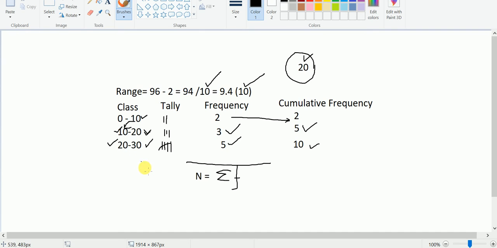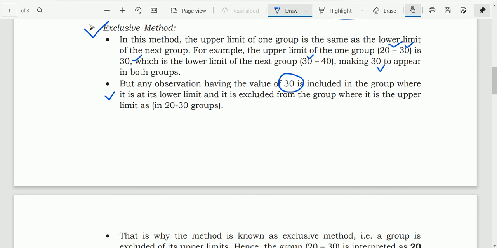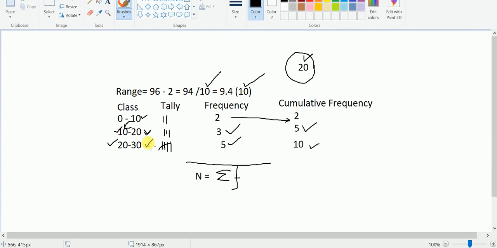In the exclusive method, 20 is to be counted in the group where it forms the lower limit, and excluded in the class where it forms the upper limit.